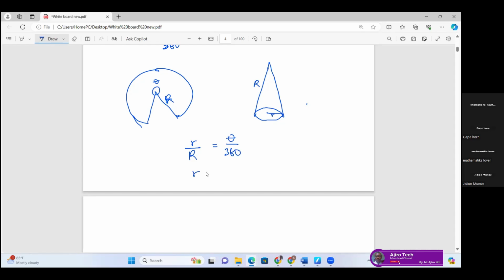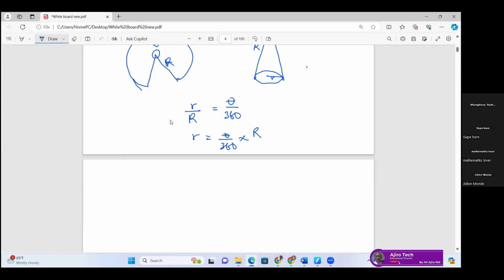I can easily find the radius as well: theta over 360 times big R. I can find the radius of the small circle by using the formula: theta of the sector divided by 360 times the big radius of the sector. This works, okay?